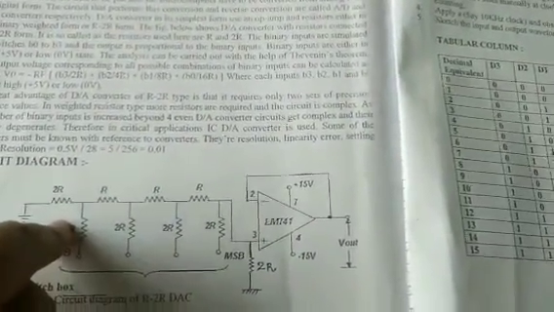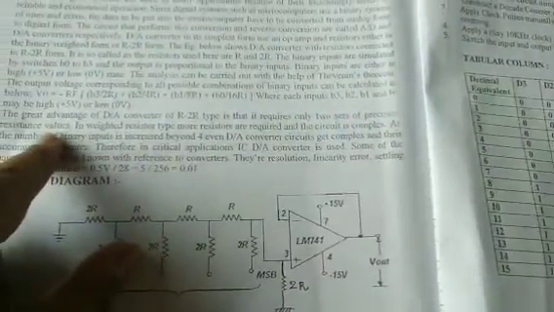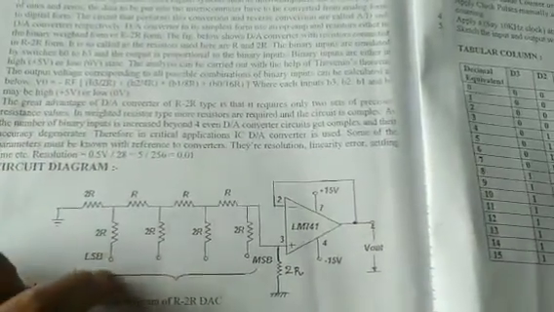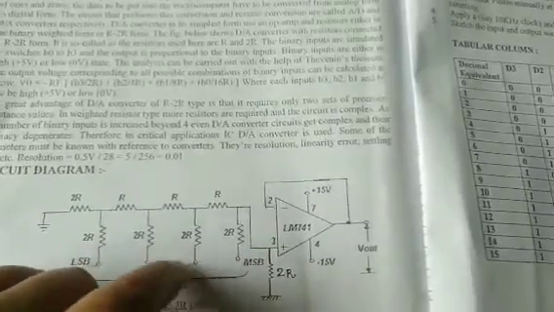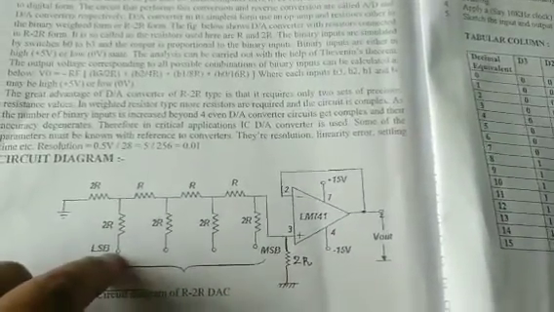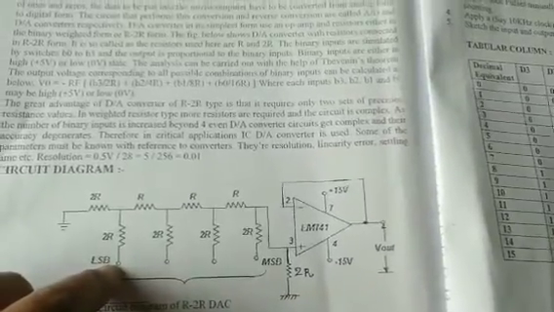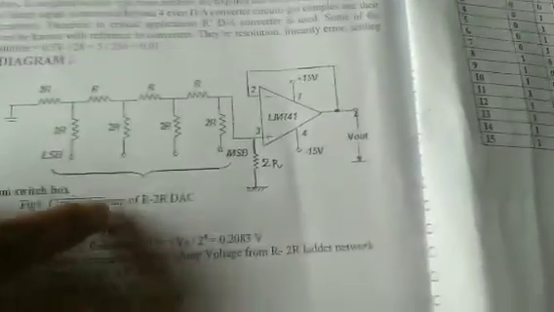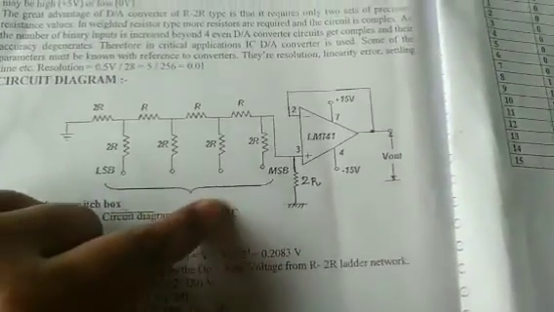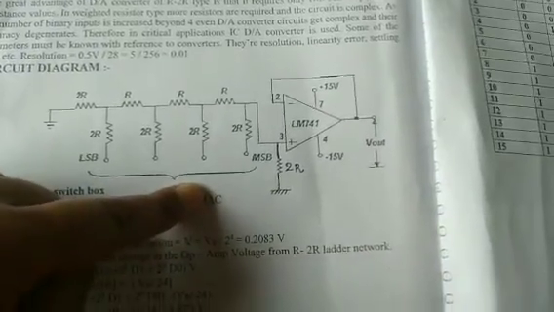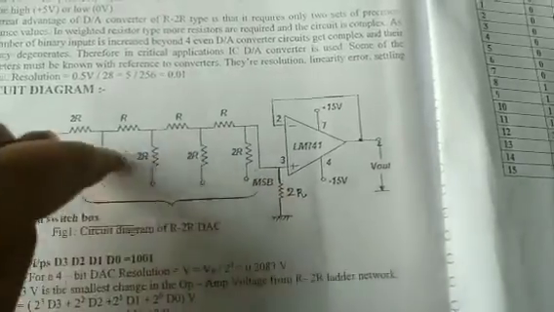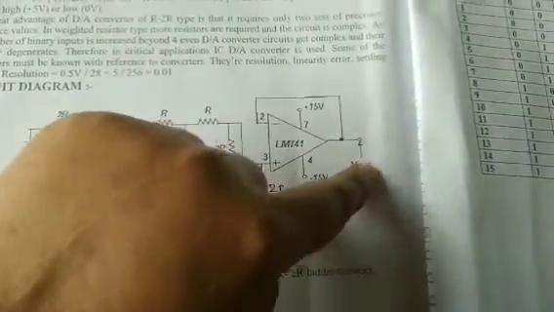Each input B3, B2, B1 and B0 may be either plus 5 volts or 0 volts. So this is the basic theory behind your R to 2R circuit diagram. What you have to remember is that this circuit diagram is used to convert digital inputs to analog output.